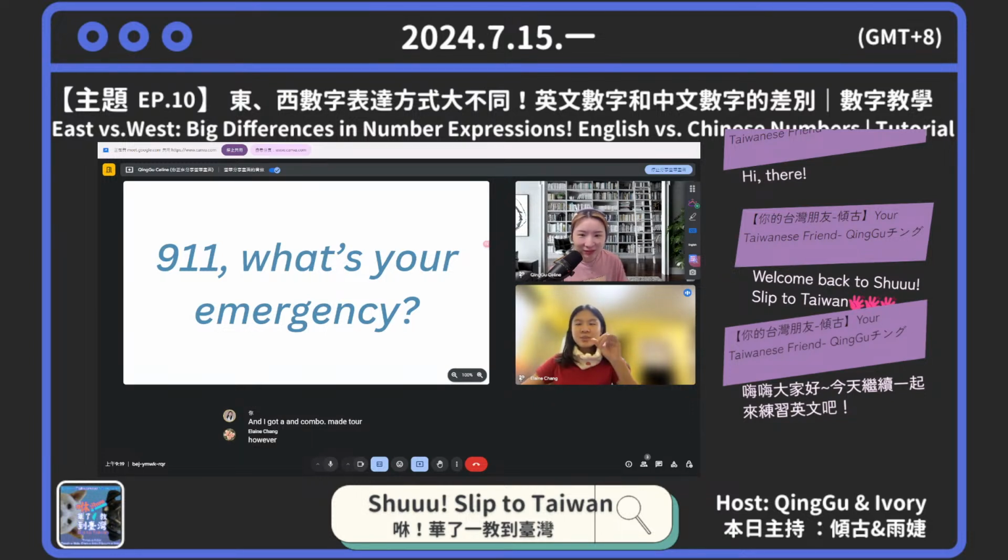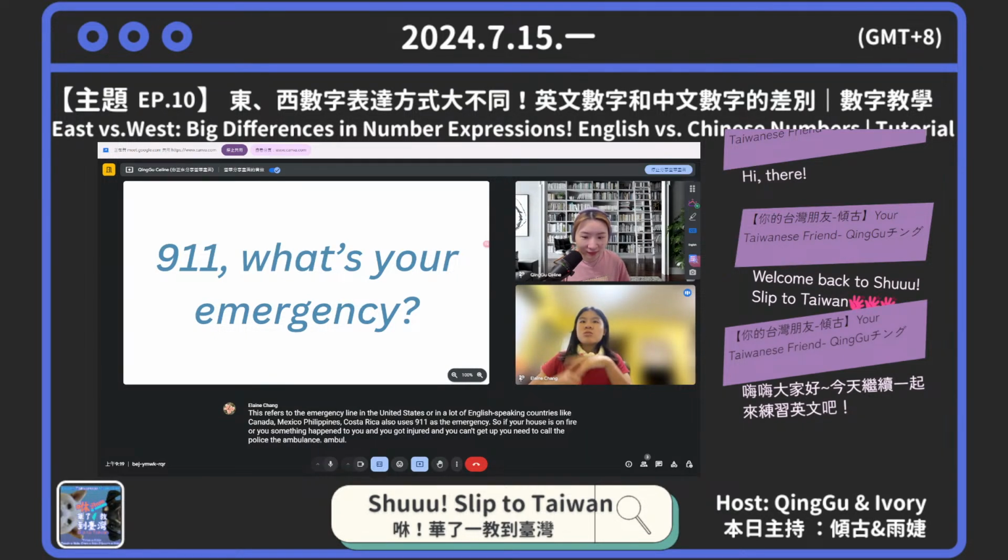However, if you say 911 separately, this refers to the emergency line in the United States or in a lot of English-speaking countries like Canada, Mexico, Philippines. Costa Rica also uses 911 as the emergency. So if your house is on fire or something happened to you and you got injured and you can't get up, you need to call the police, the ambulance, or something.